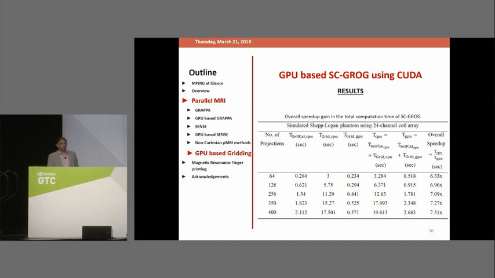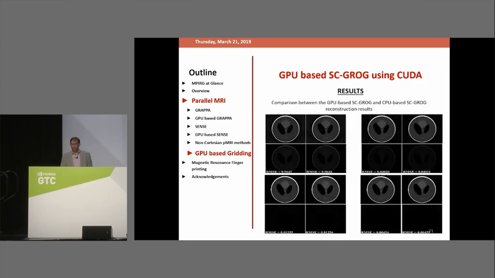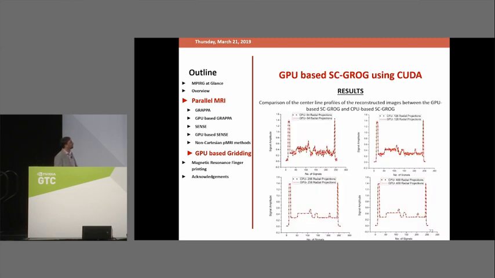The previous slide was only the gridding time, and for the overall computation time, it goes up to 7 times better as compared to conventional CPU processing. If you look at the images, they look perfectly similar. There is no difference, same RMSE values, so it means that the proposed architecture does not compromise the reconstruction at all. Even these line profiles show that both the images are perfectly overlapping.